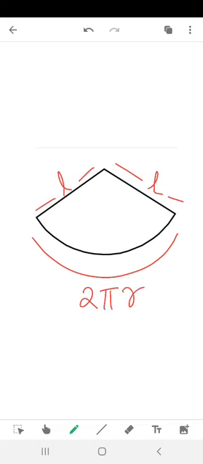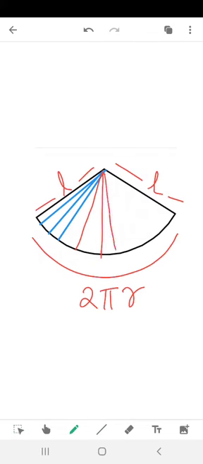Okay, now I don't know how to find out the area of this whole surface. So what I am doing, I am dividing this into small right angle triangles. So many triangles. Okay, I am dividing it like something like this. Okay, some straight lines, small lines, and so many more lines, something like this.